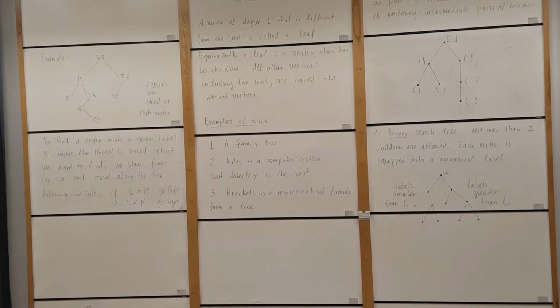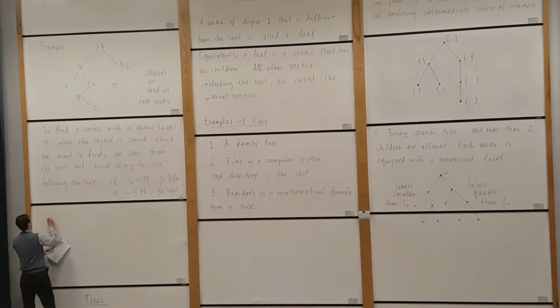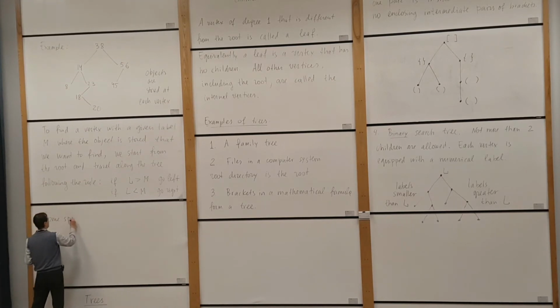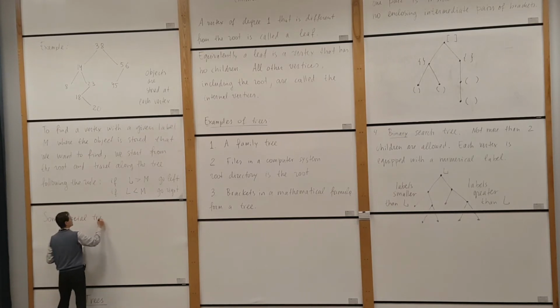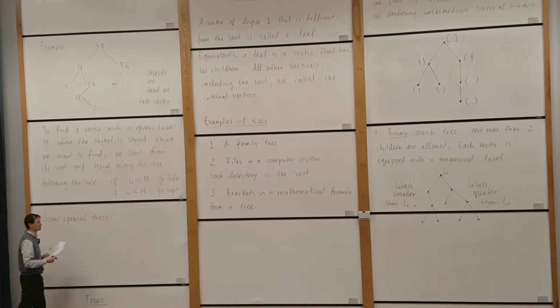So next I want to introduce some special types of trees and give you more terminology, and then discuss in more detail the basic properties of trees. So some special trees. I already mentioned binary trees.